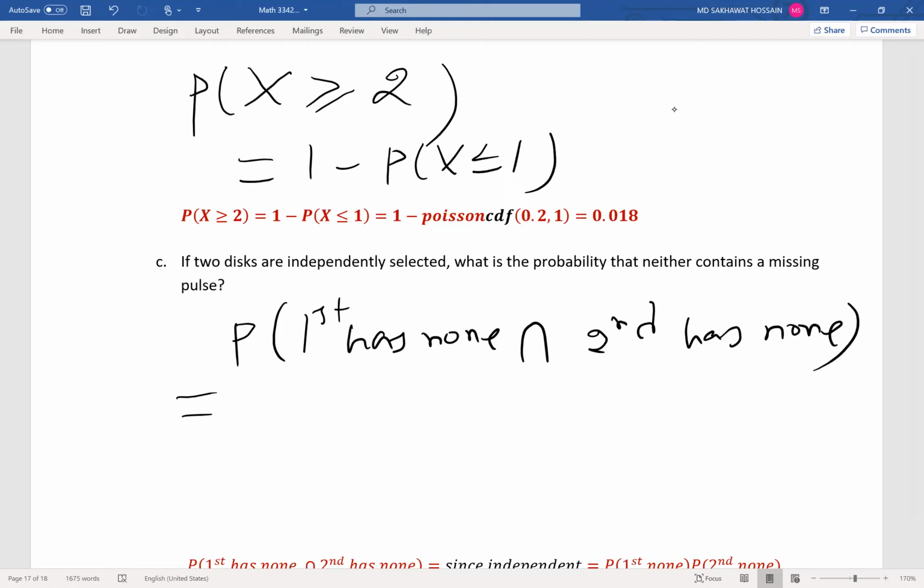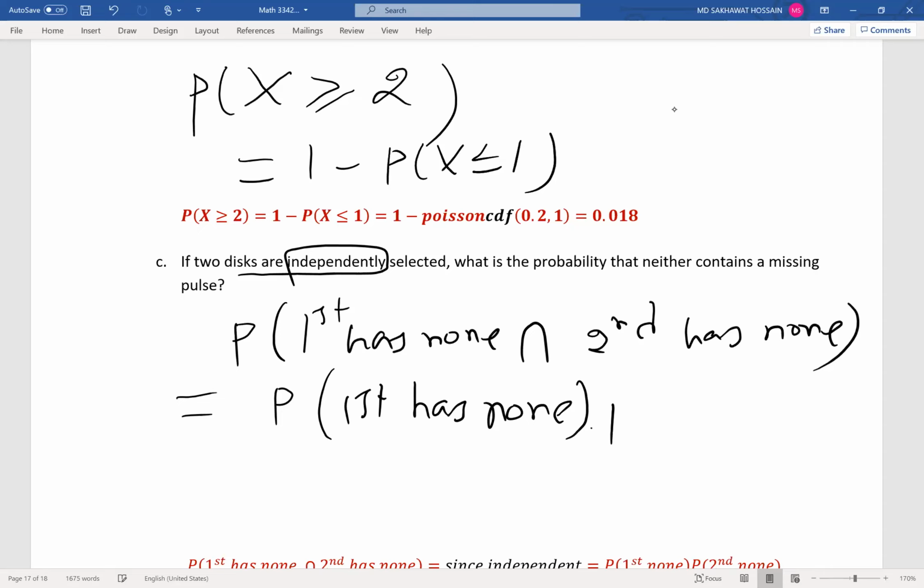Since they are independent, look at this word, independently selected. When events are independent, the probability of the intersection of two events equals the product of the probabilities of each event.